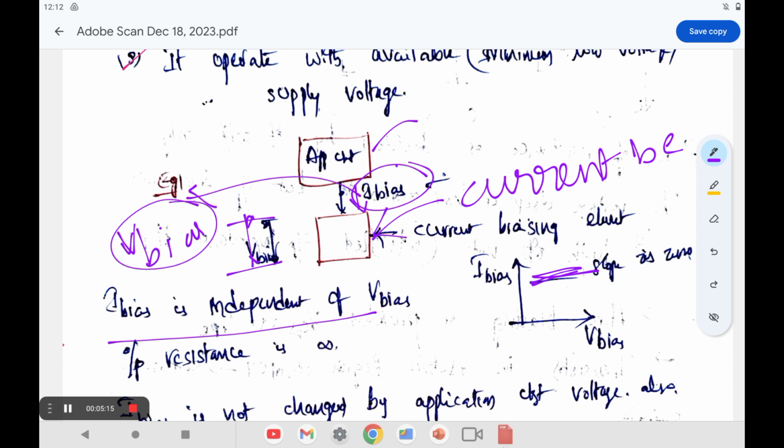If it is a constant value, the slope of the line is also 0. If the slope of the line is 0, we don't have any resistance, so the output resistance is infinity. That means there is a change in the VBS. Suppose you take it like this, this is nothing but a VBS.